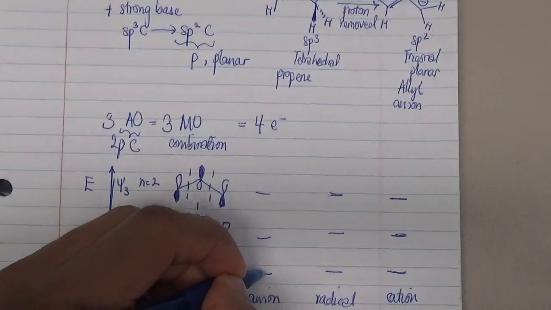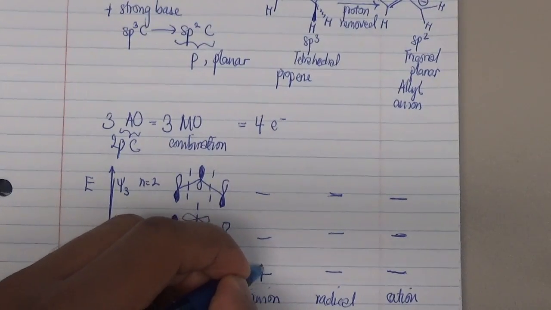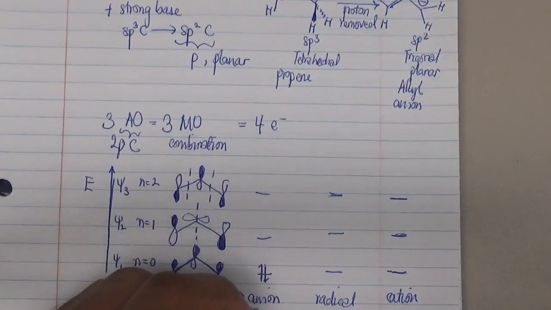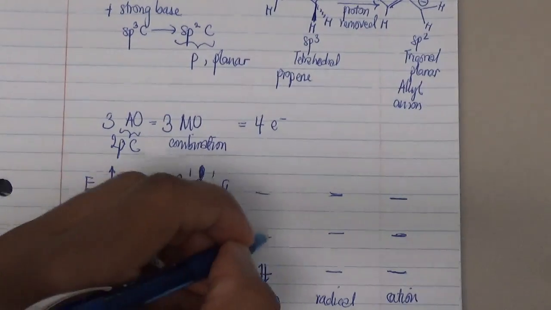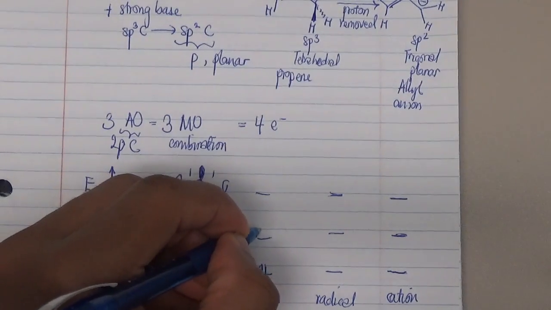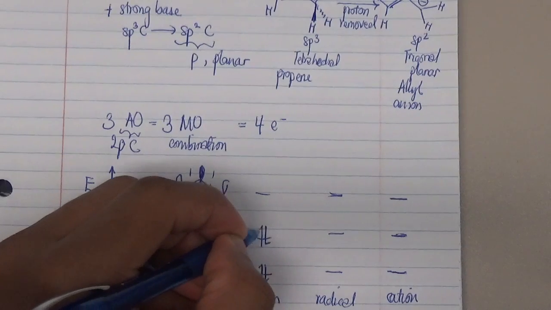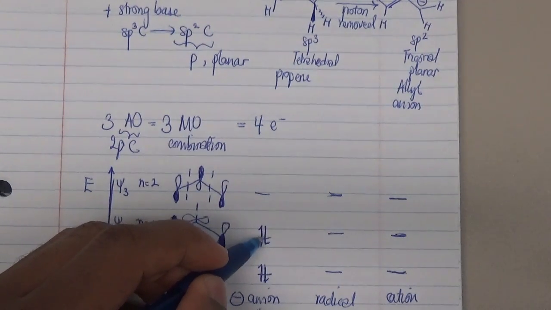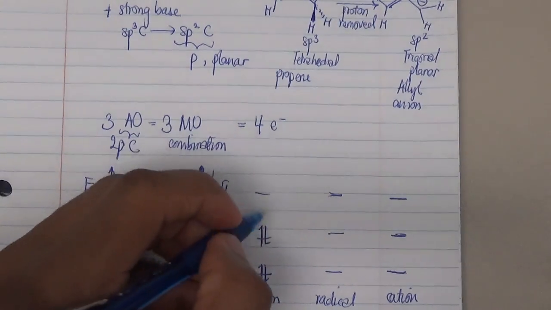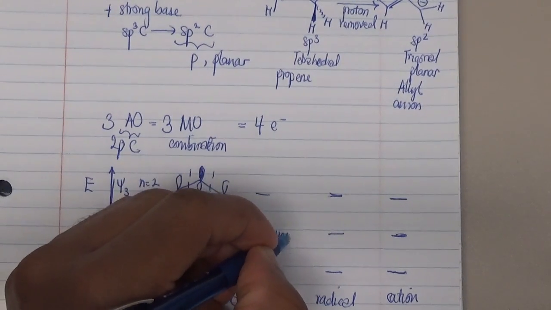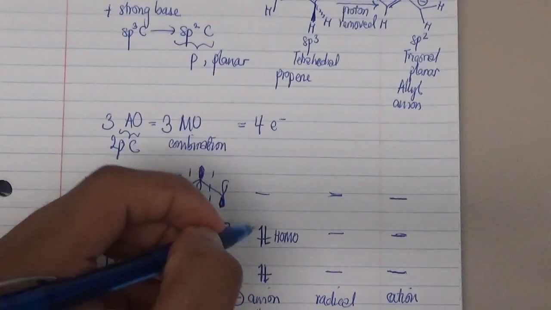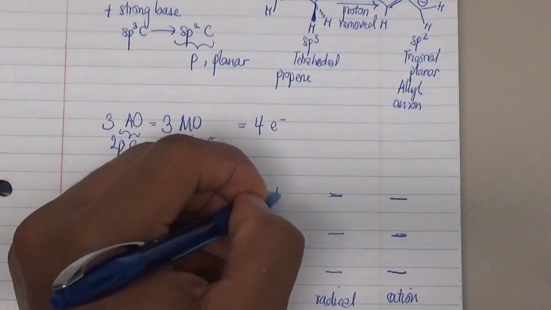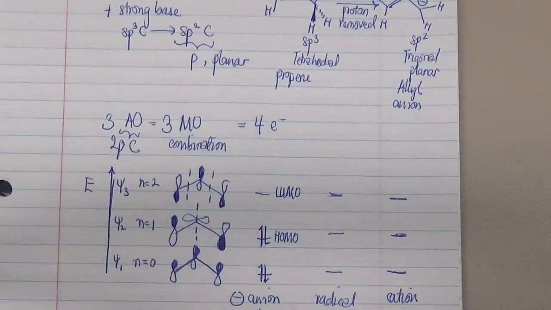So in here we're going to have 4 electrons. Let's put 4 electrons over here, pair the bottom one, then pair the first one. Now once we pair the second one, what we have is our HOMO present over here, and this part here is automatically our LUMO.